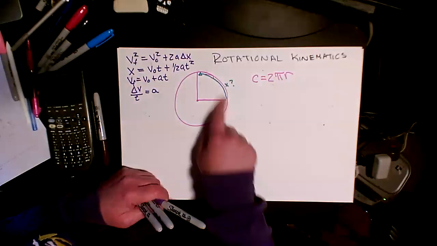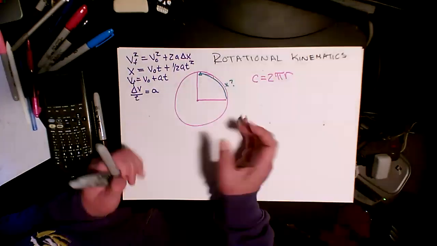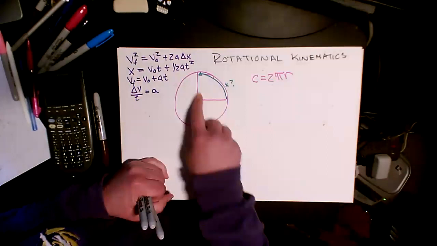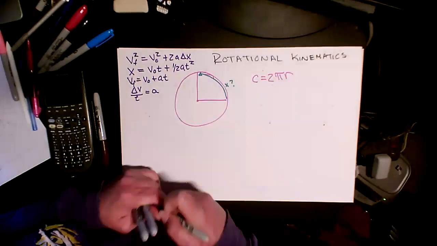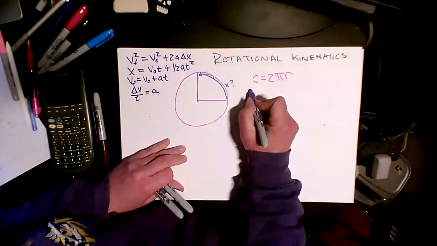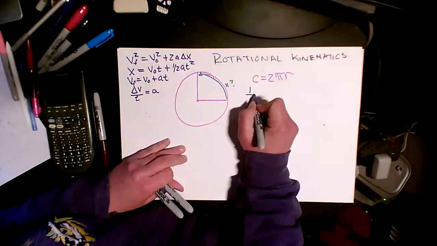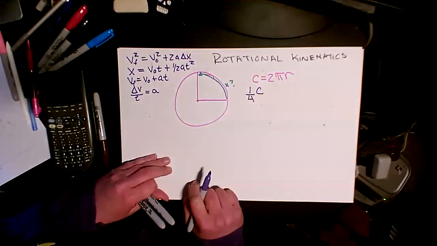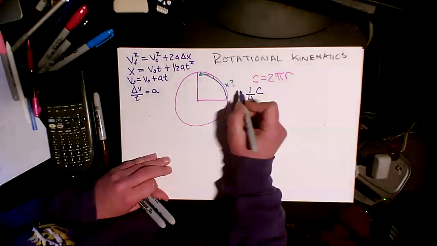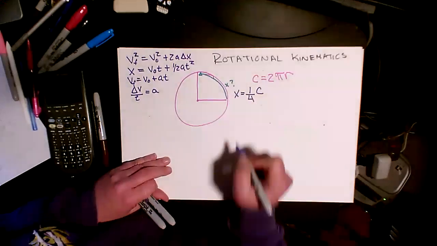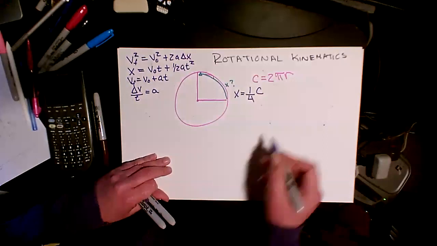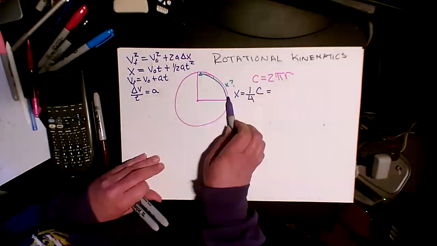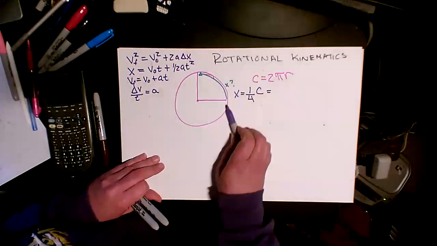Well, here I have a circle. And if I drew a really good circle, you'd be able to tell that this is 1/4 of the circle, 1/4 of the circumference. So this distance would be that. Circumference, remember, is 2 pi, taking a whole trip around.